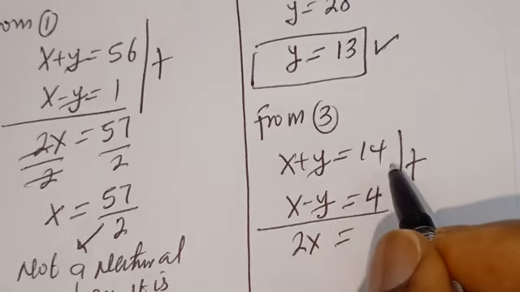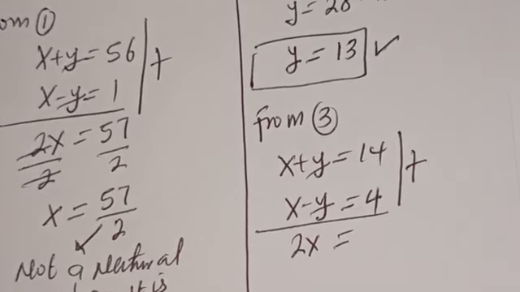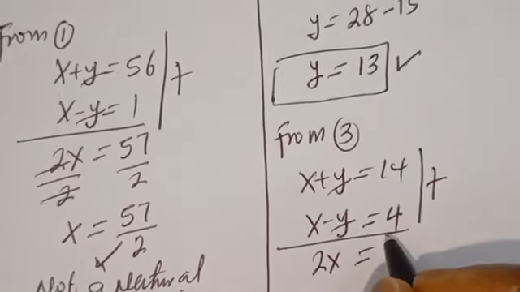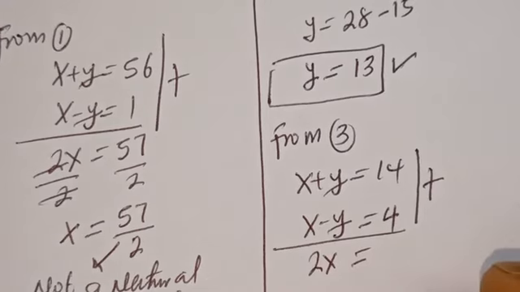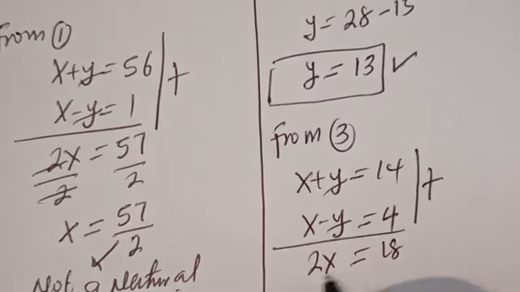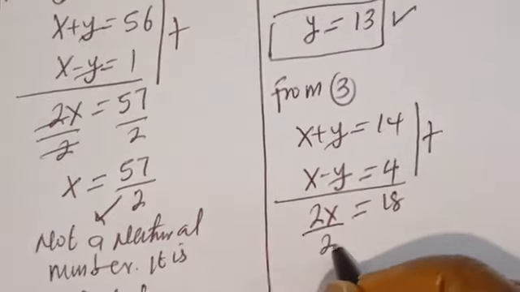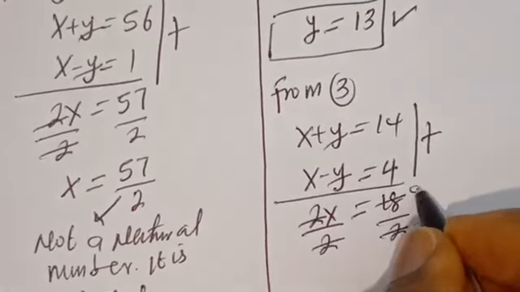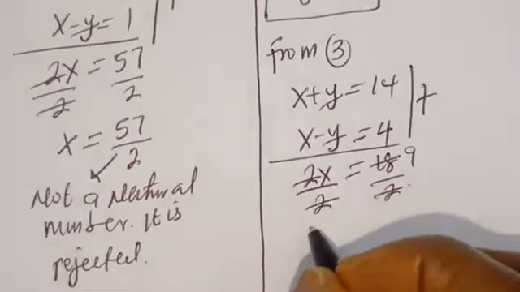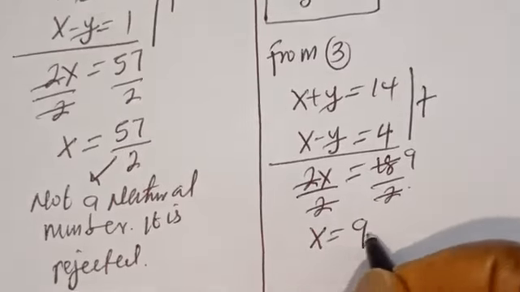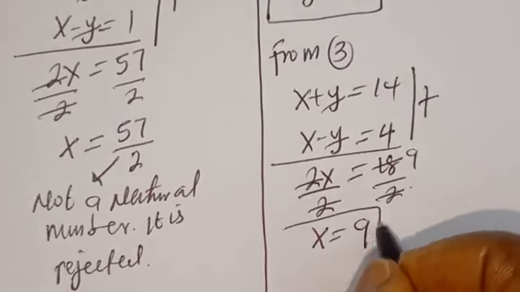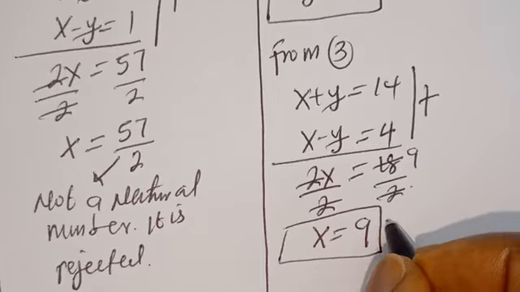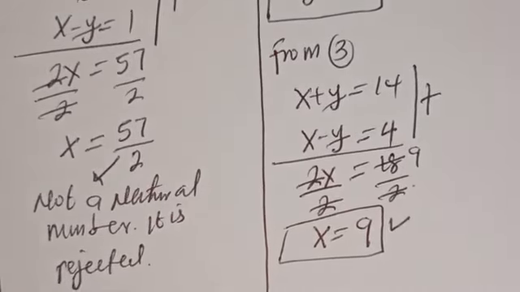That is 18. Then let's divide it by 2, divided by 2. This will cancel this. 2 here 1, 2 here 9. x is equal to 9. And of course, this is also a natural number.